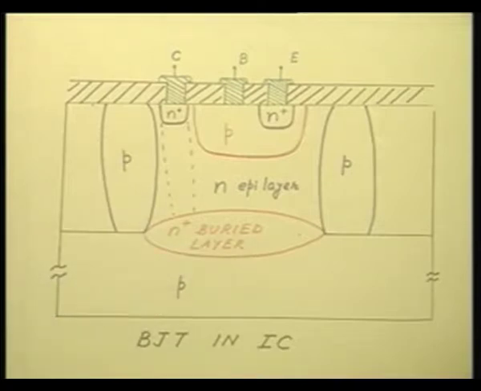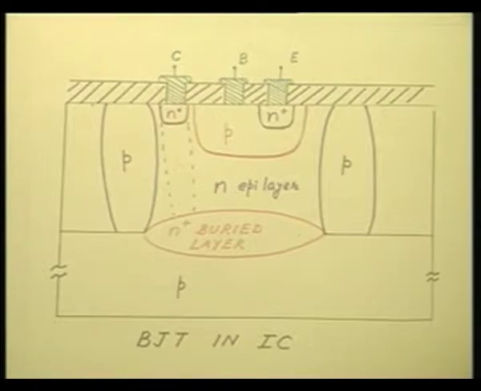Of course, it has all the associated oxidation and photolithography to define the active area, but the goal of the first few steps was to realize the N plus buried layer, and this N plus buried layer is needed to cut down the collector resistance. Okay. So, this N plus buried layer can be formed by a diffusion process.